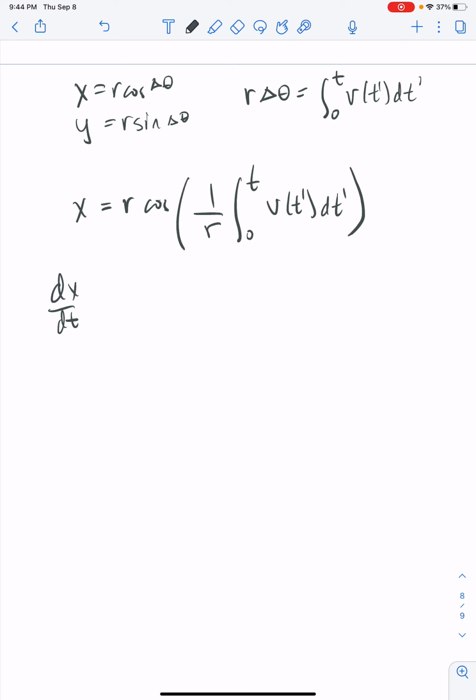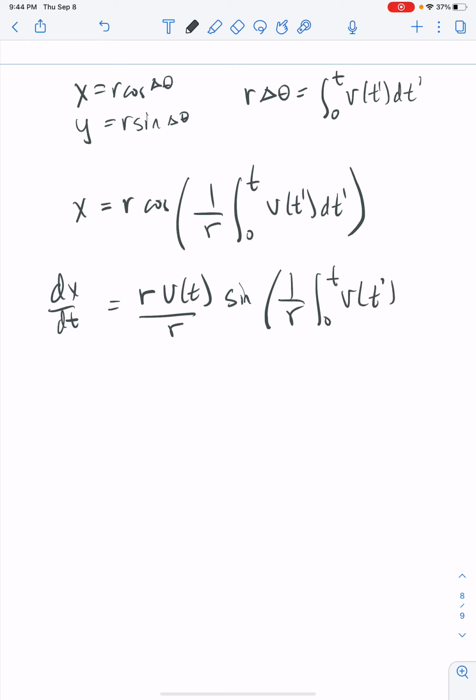is going to be the time derivative of this expression, which I'm just going to give you without showing the details of that work, is r times v of t over r times sine of 1 over r integral 0 to t of v of t prime dt prime. There should be a negative sign out front here.